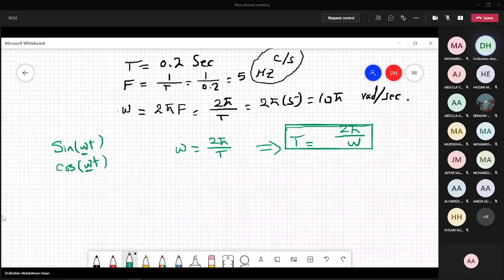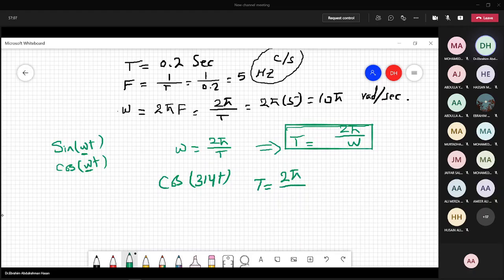Okay, so if I say cosine 314t, is it periodic? Directly, yes. What is the period? T equals 2 pi divided by 314. And if you calculate this, it is equal to 5 milliseconds, I think.